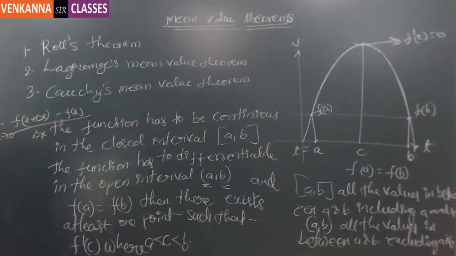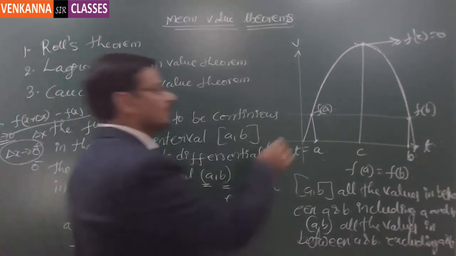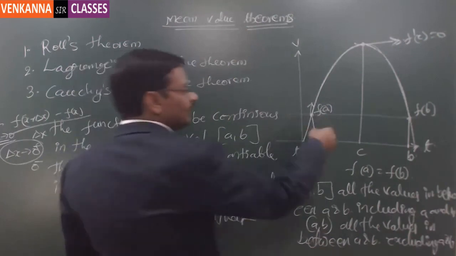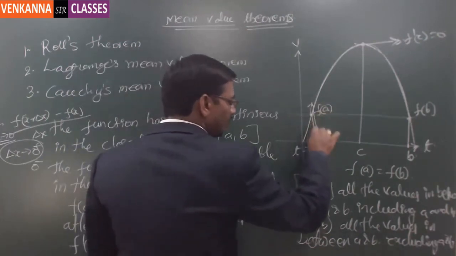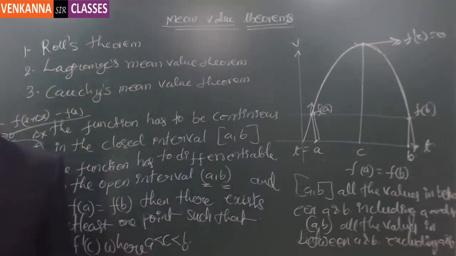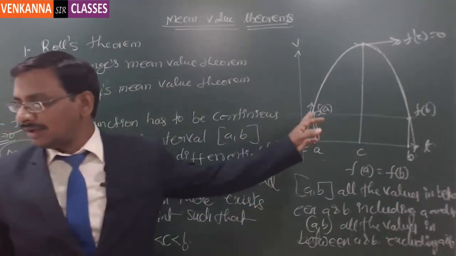Now this delta x tends to 0, so delta x can be 0 plus or 0 minus. For 0 plus you will be able to find it because on the right hand side you know the function. Very next to this A, if you can identify one point, you will know the right side limit.